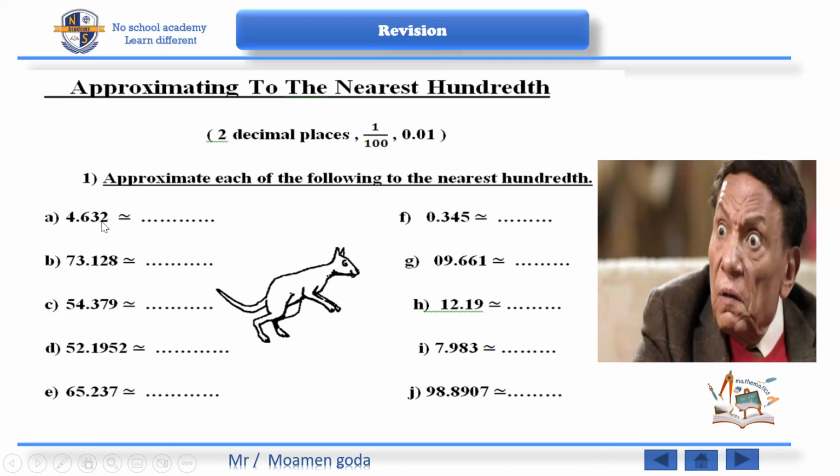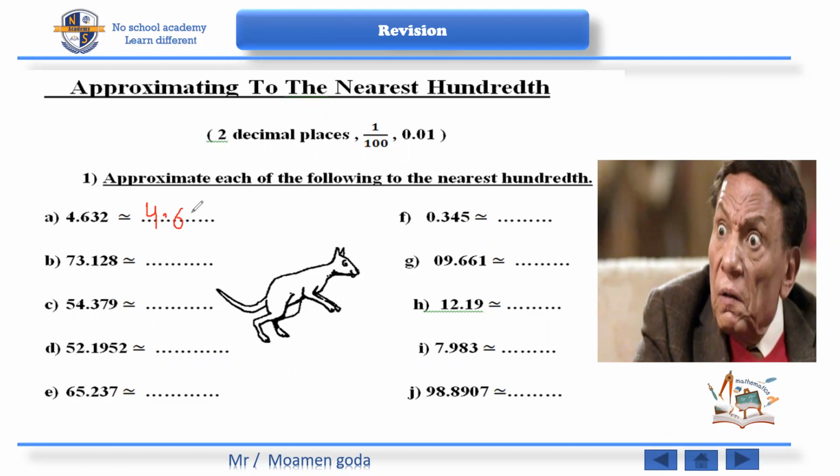We said 4 or less, we will ignore. So it's less than 4. I will ignore this and I will write here 4.63. Let's write together. Here I will write 4. And 6.